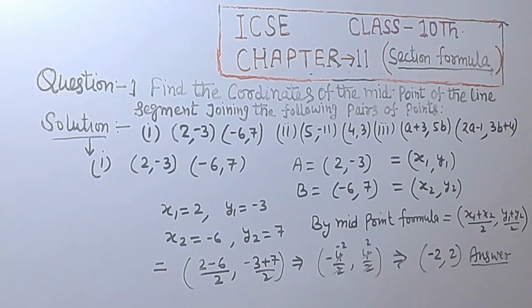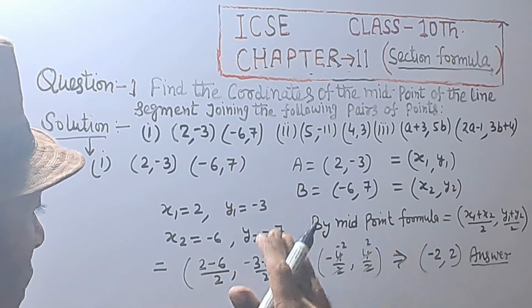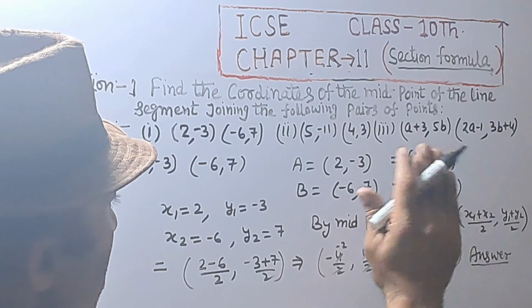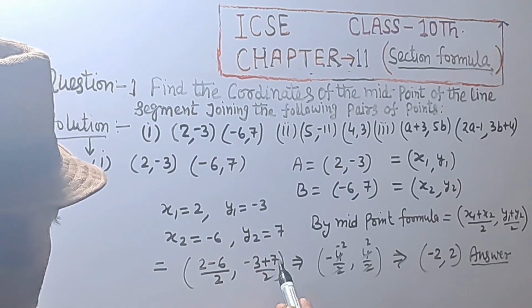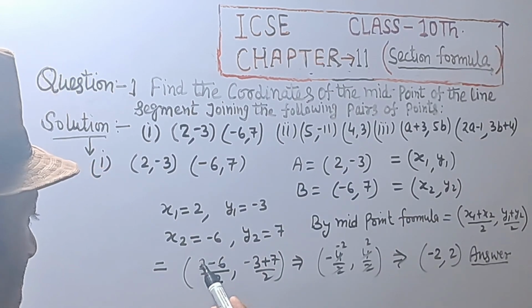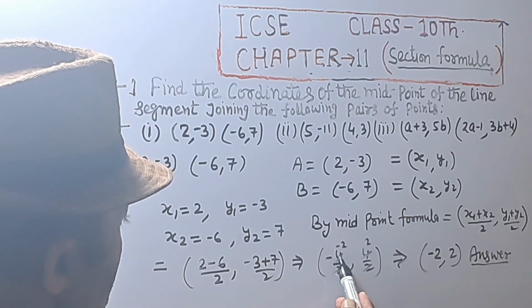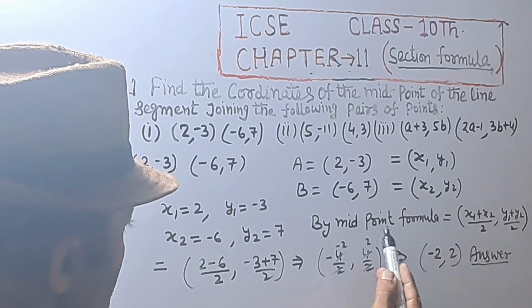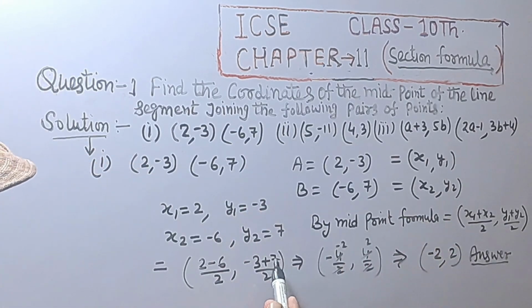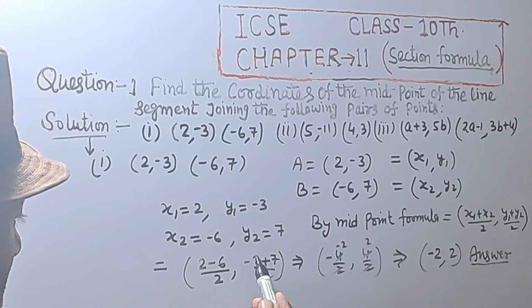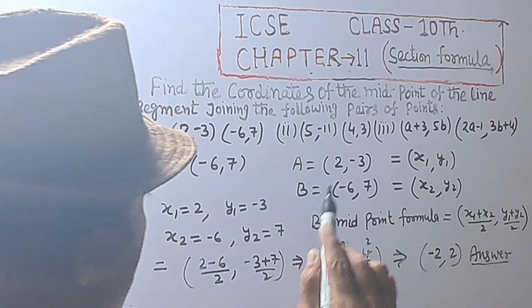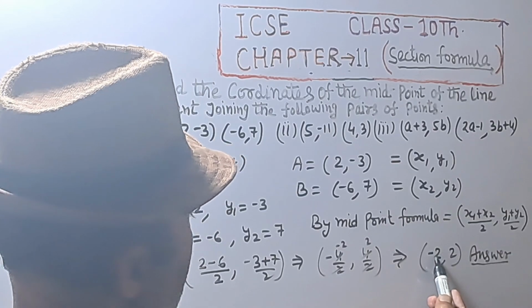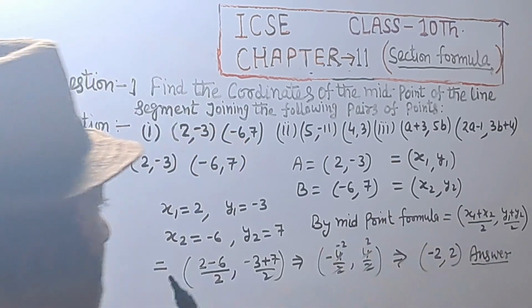So by midpoint formula, x1 plus x2 upon 2, y1 plus y2 upon 2, that is 2 minus 6 upon 2, -3 plus 7 upon 2. -6 plus 2 is equal to -4, and -4 divided by 2 is equal to -2. And the second coordinate is 7 minus 3, that is equal to 4, and 4 divided by 2 is equal to 2. So we get the required point -2, 2. Answer.